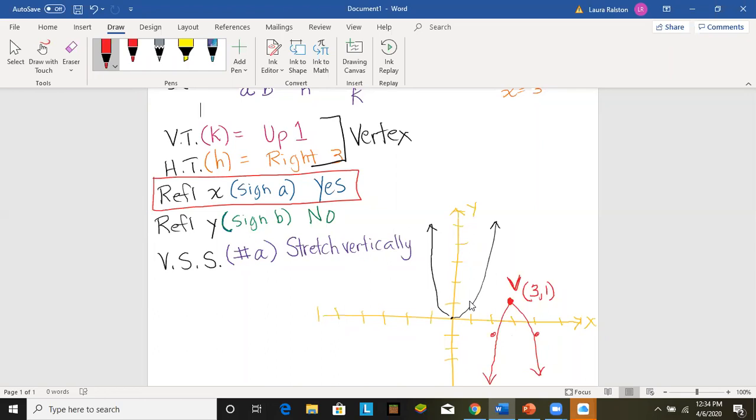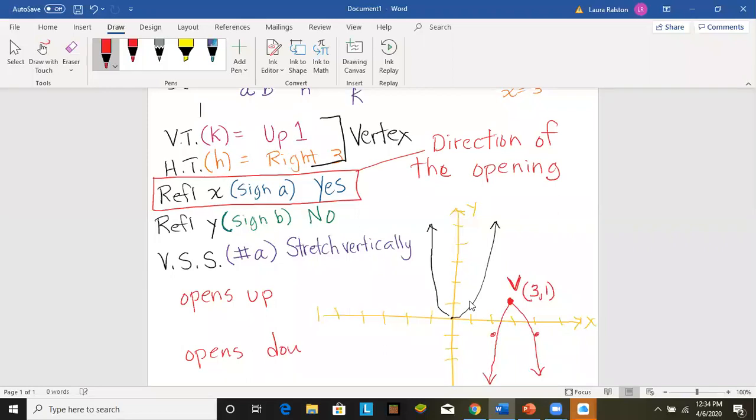So the reflection on X is, now they ask about it in terms of the direction of the opening. And again, the options are that it opens up or it opens down.